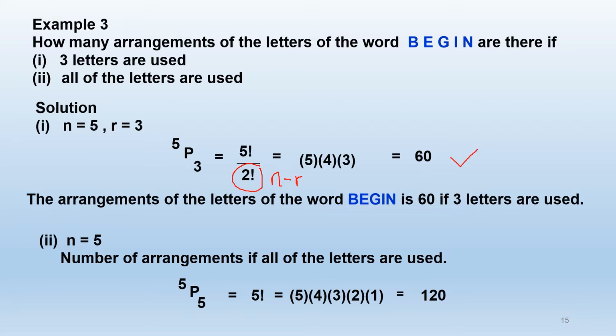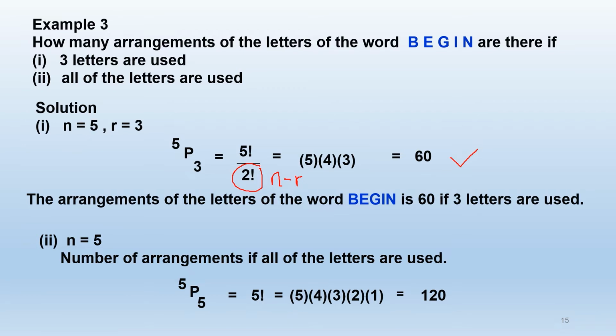And then the arrangement for number 2, you need to find how many arrangements if all of the letters are used. We use all the 5 letters, meaning your n equals 5 and you need to use all letters, which is also 5. So the number of arrangements if all letters are used is nPn.